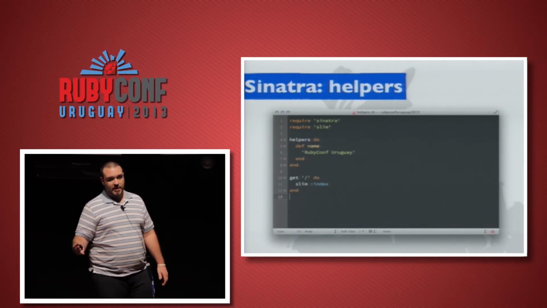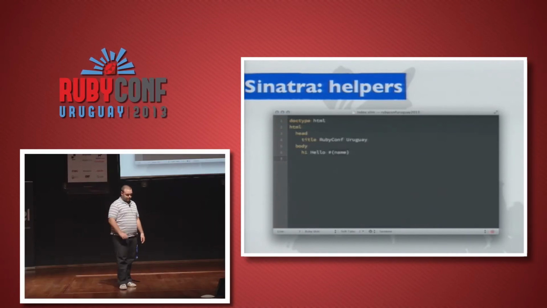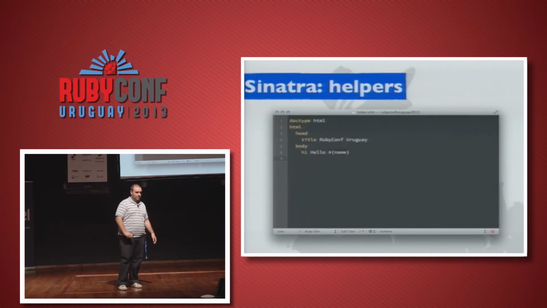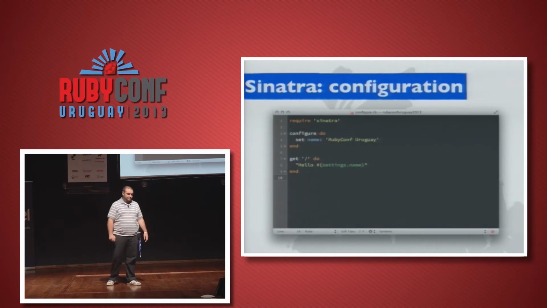These are just examples. There are helpers, those are methods that we can define, and we can use them in any part of the application, as in this case, where we define the method name that returns RubyConf Uruguay. The examples are all very similar, and what we're going to do is draw them in the slim template.